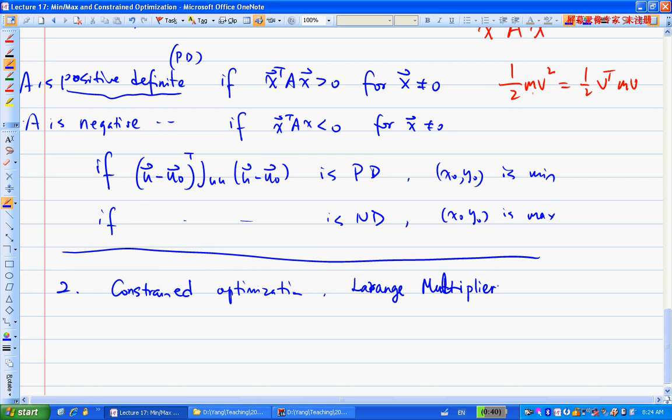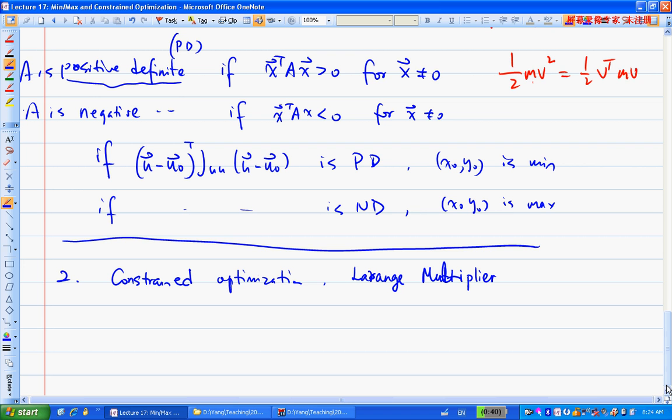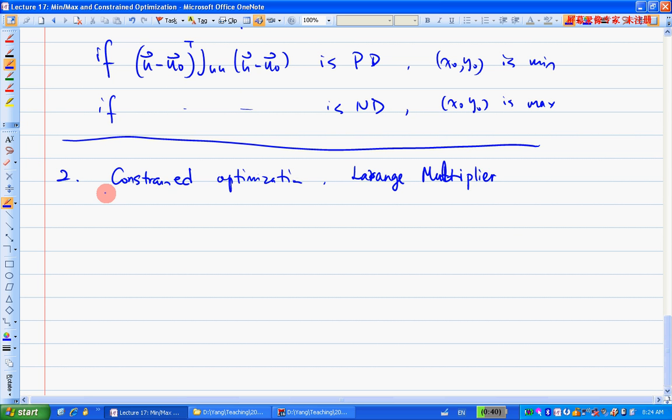How do we deal with constraints in optimization? Here's the setup of the problem.